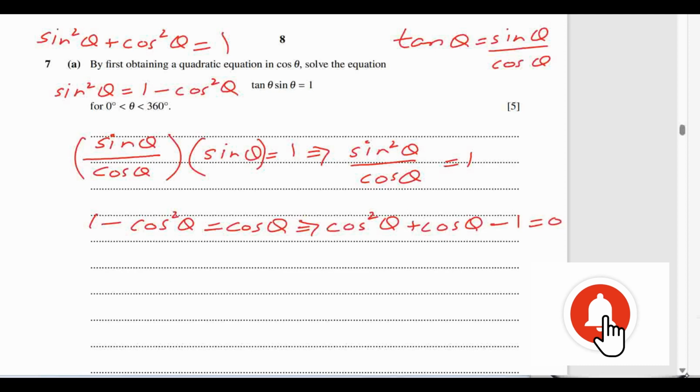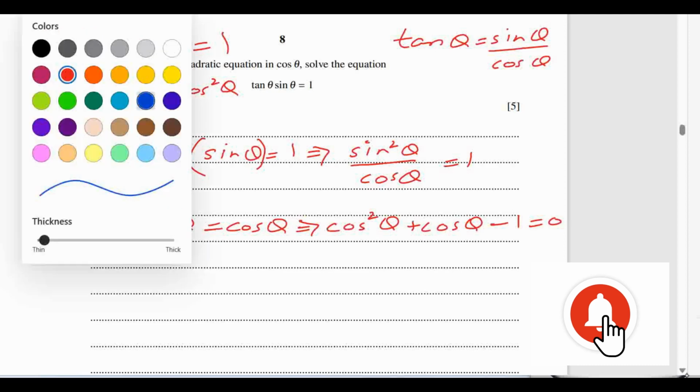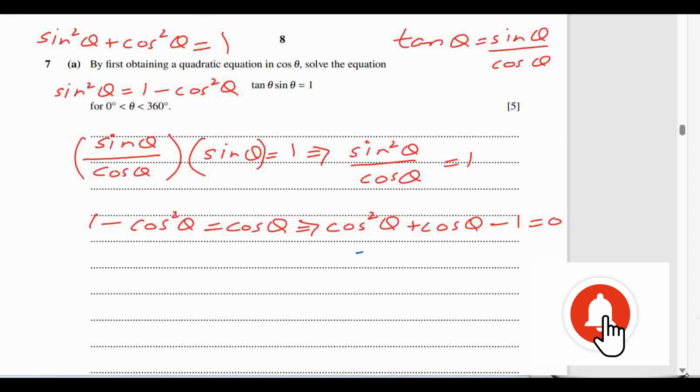Now we can clearly see that this is a quadratic equation. So let x be equal to cos theta, so x square will be equal to cos square theta. Now this equation will be x square plus x minus 1 is equal to 0.